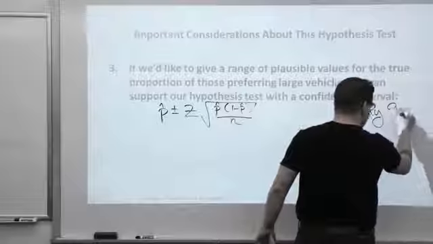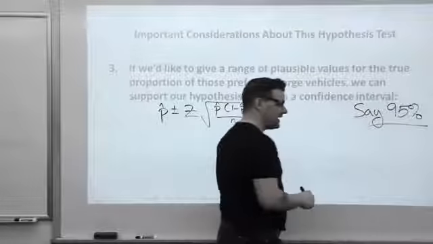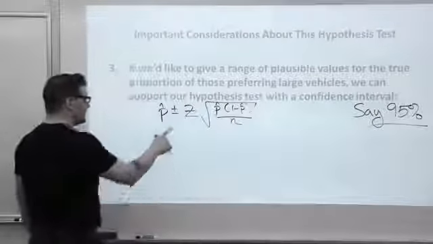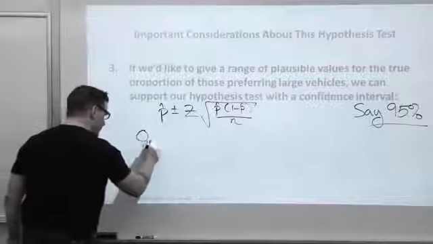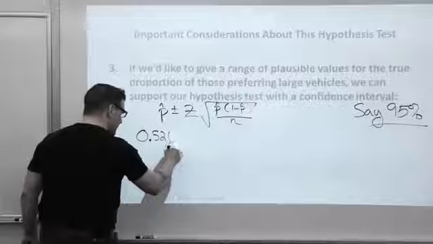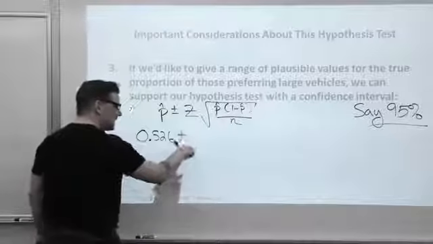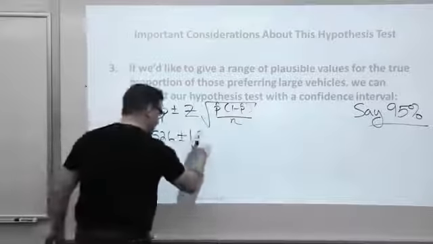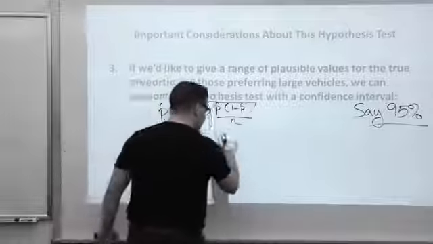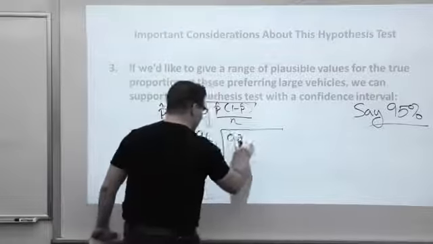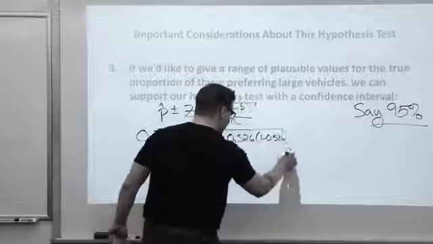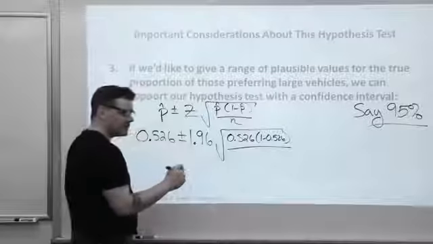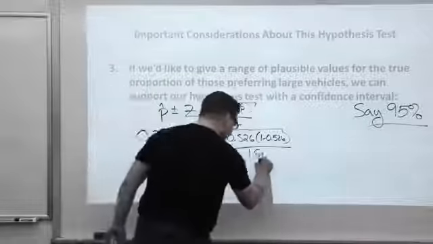It doesn't say, but 95% is the most common one usually, so we'll do a 95% confidence interval. That'll tell me the z, and we'll just plug and chug. So this would be 0.526 plus or minus 1.96, the z for a 95% confidence interval, times the square root of 0.526 times 1 minus 0.526, all over n, which was 190.